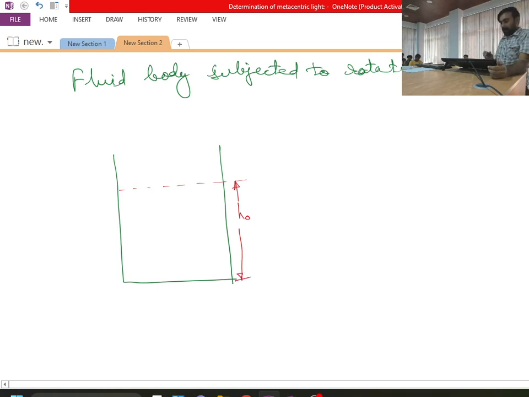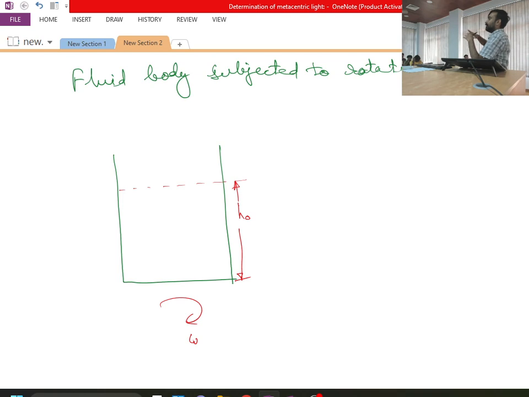Now I start rotating this container with some angular velocity omega. Once again the same thing will happen. First there will be relative motion between the fluid layers, and after that all fluid layers become static and it moves like a rigid body.